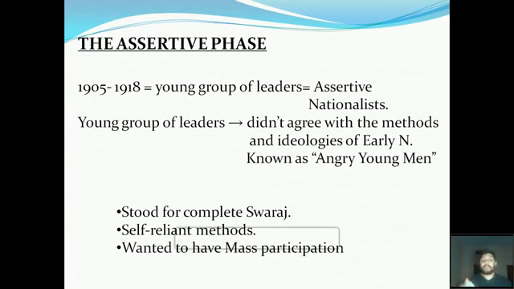Even people from the villages would participate in the national movement, and it would help the leaders of the Indian National Congress to succeed in their aim. So these were some other specialities of the assertive nationalist leaders. Their ideologies were entirely different from the early nationalist leaders.